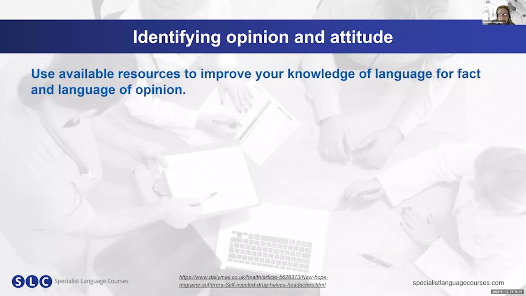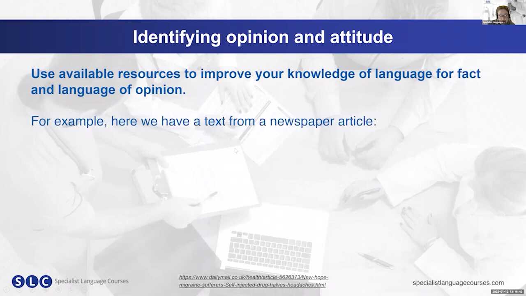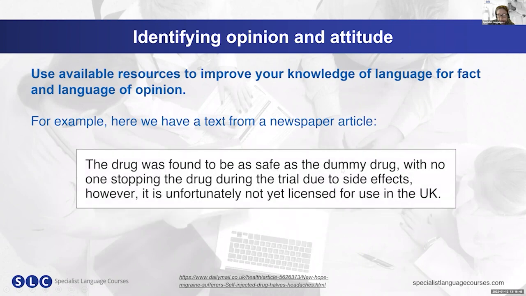So you need to use resources to improve your knowledge of language for fact and language of opinion. So here we have a text from a newspaper article. The drug was found to be safe as the dummy drug, with no one stopping the drug during the trial due to side effects. However, it is unfortunately not yet licensed for use in the UK. So this is from a newspaper article.